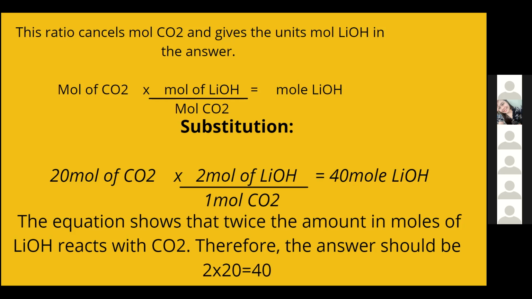So for the substitution, we have 20 mole of carbon dioxide times 2 mole of lithium hydroxide divided by 1 mole of carbon dioxide is equal to 40 mole of lithium hydroxide. The equation shows that twice the amount in moles of lithium hydroxide reacts with carbon dioxide. Therefore, the answer should be 2 times 20 equals 40. Next slide.